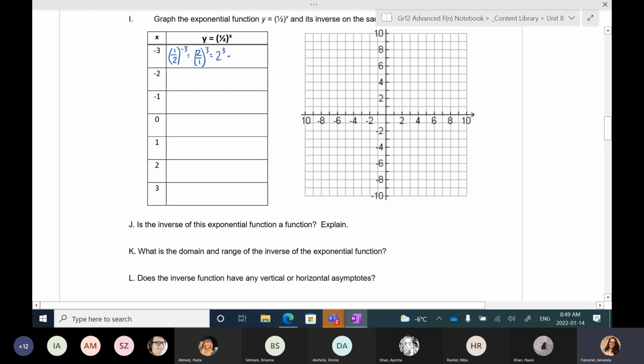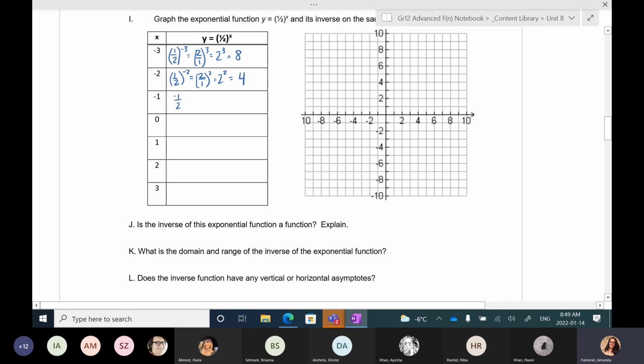I wrote that down wrong on my page. My next one is 1/2 to the -2. So then that flips, so it's really 2 to the 2. I won't write out all these steps now, or 4.